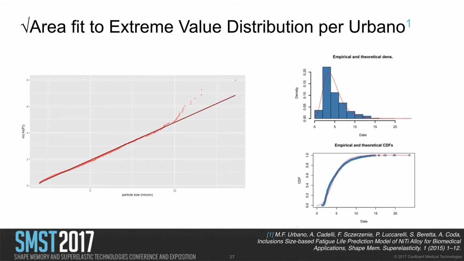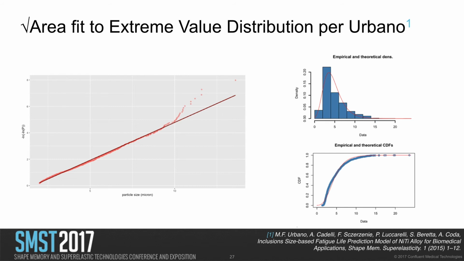This is a statistical thing, and within the realm of the extreme value distribution, there's a particular formulation called the Gumbel distribution, and they found that inclusions in typical material follow an extreme value Gumbel distribution. I used the methods that they suggested and found that, in fact, the inclusion sizes that we found in the scan also seem to follow that extreme value Gumbel distribution.